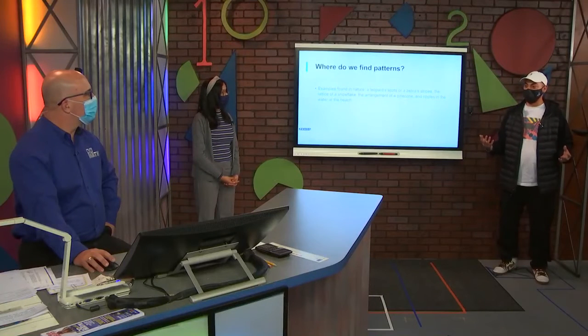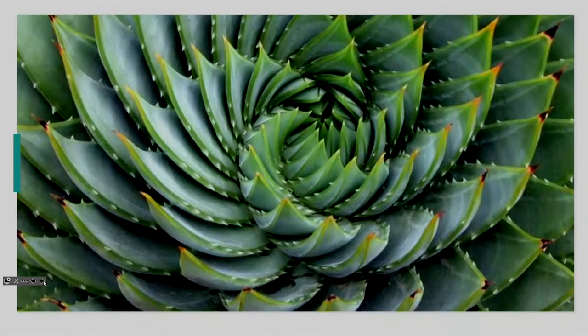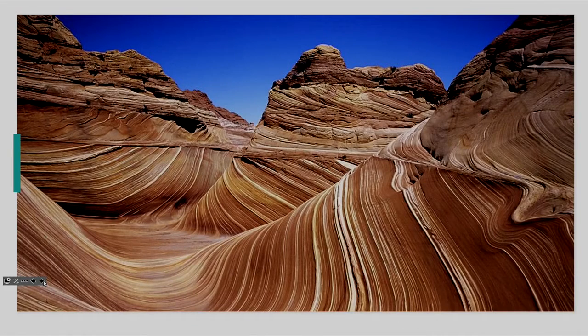These are all patterns and things that are just always repeating itself. Some more examples. This one's a succulent that has such a beautiful spiral pattern going on. And then again, like I was saying, the canyons could have many lines, waves, and shapes going through them that create awesome texture, pattern, and design.